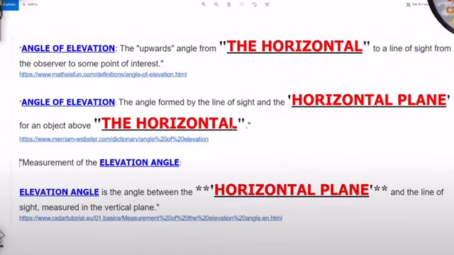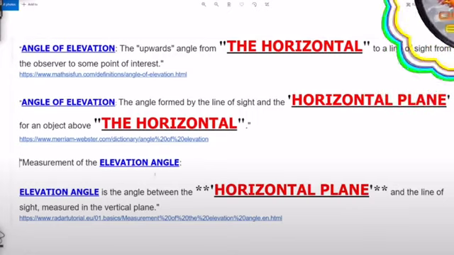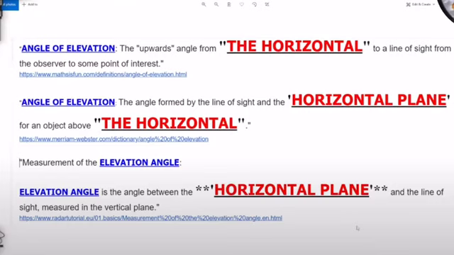For an object above the horizontal, look, they use horizon, horizontal twice in the same short sentence. From radartutorial.edu, measurement of elevation angle: elevation angle is the angle between the horizontal plane and a line of sight measured in the vertical plane. So you need a horizontal plane, both of them.